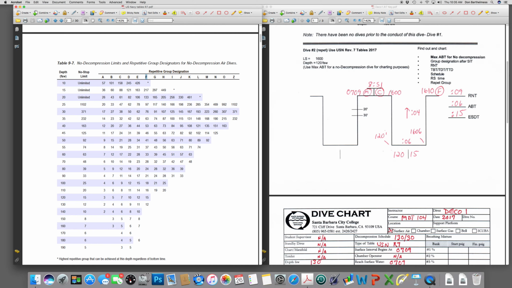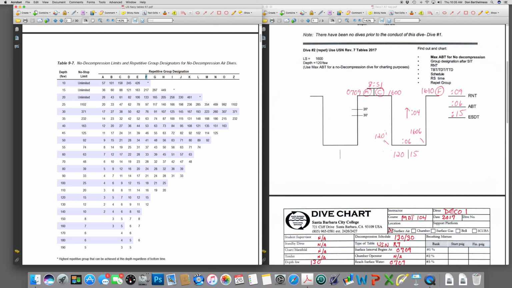Now I'm going to chart the rest of the dive. If the diver left the surface at 1600, he has an actual bottom time of 6 minutes, not 15, 6 actual. 9 is theoretical, that's tissue time. 1600 plus 6, he's going to leave the bottom at 1606. The diver has to account for, or you charting have to now account for, what time he's going to reach the surface. 120, I'm traveling 120 lineal feet.